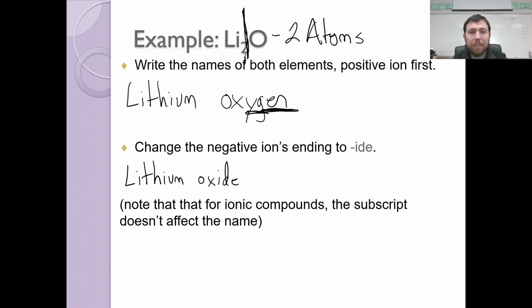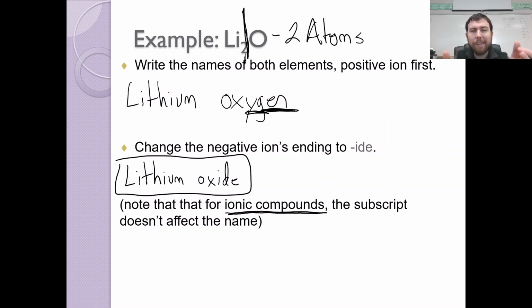So if we're dealing with an ionic compound, so it contains that metal and nonmetal, or cation and anion, the subscript does not affect the name of that compound. All right. So lithium oxide, that's the name of this compound. And that, ladies and gentlemen, is how you would go from an ionic chemical formula to an ionic name.